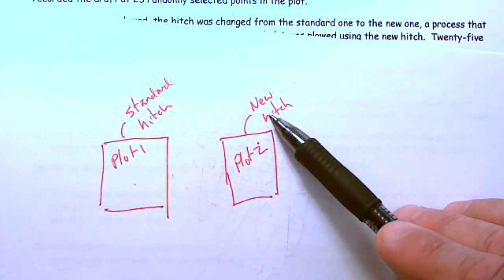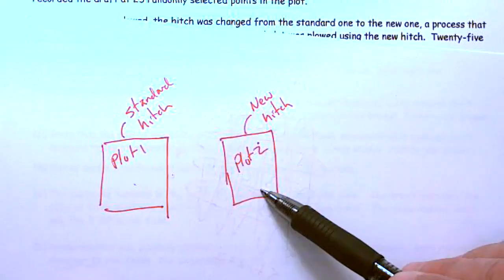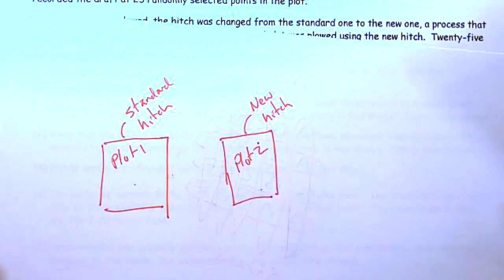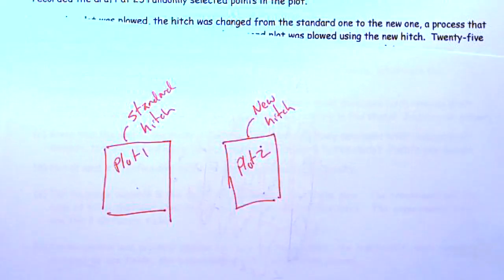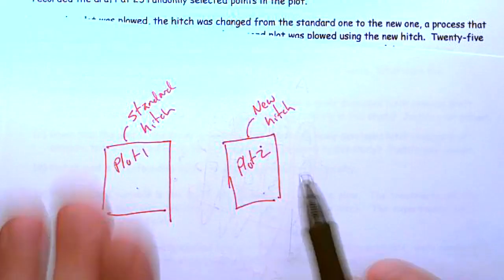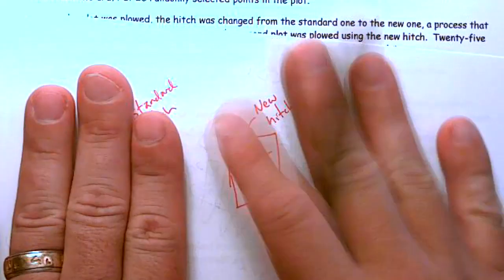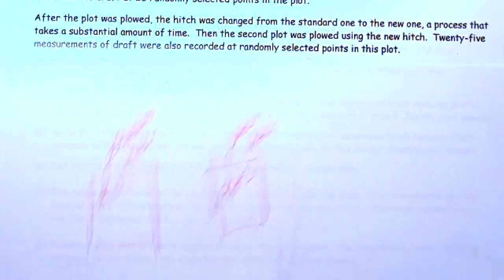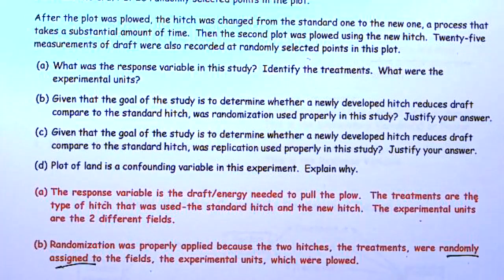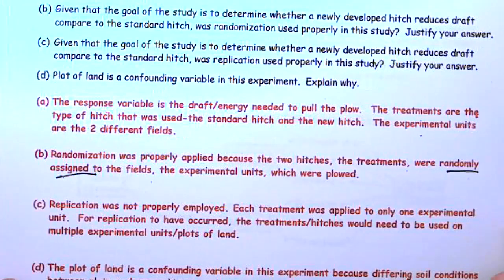Here, the new hitch was only assigned to one plot. We did not have more than one plot, so we don't have replication. And the problem is the plots could be confounding variables. There could be something different between the two plots of land. This farm and this farm may have vastly different soils. We'll talk about that in part D in just a moment. So replication was not properly employed.